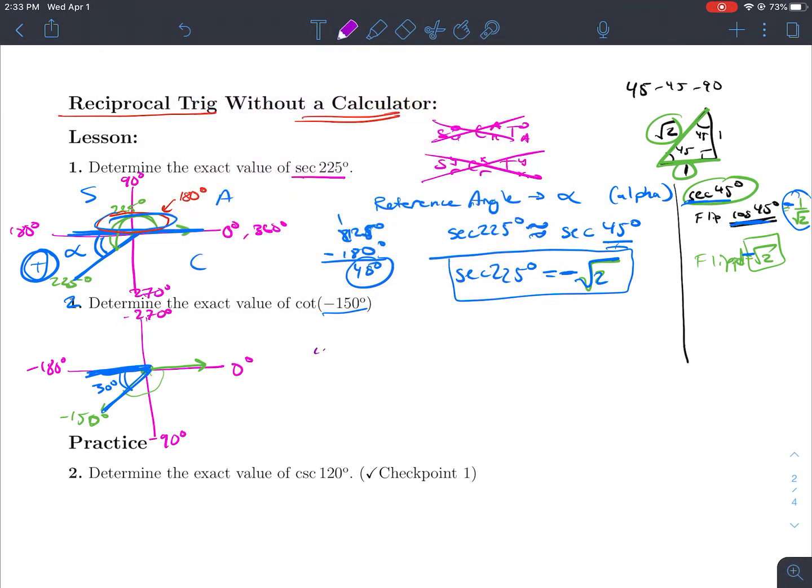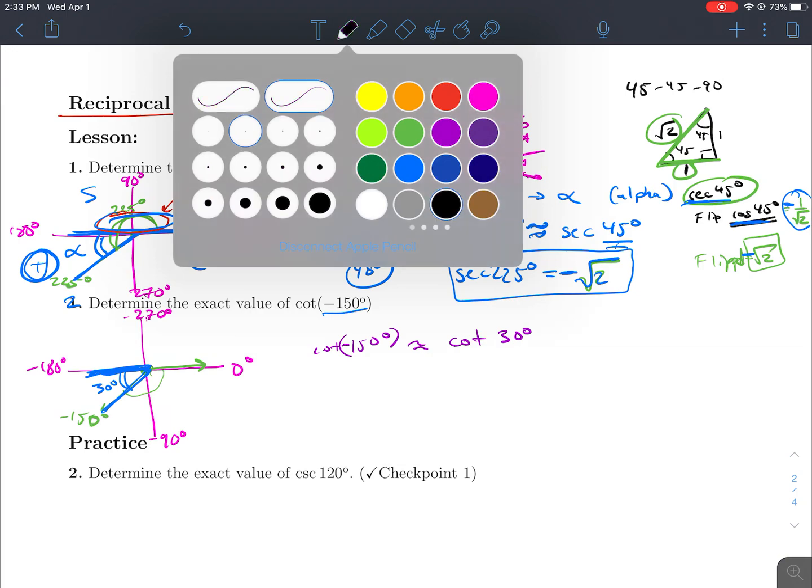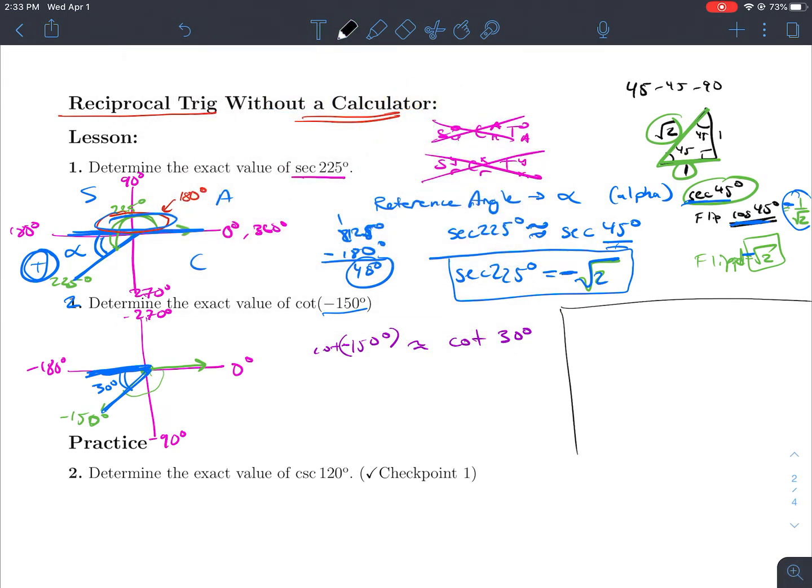All right, so here we go. Cotangent of 150 degrees is almost the same thing as cotangent of 30 degrees. This should be negative, sorry. Now, for cotangent, there's a couple things that this makes us think about. Cotangent 30, should think about our 30, 60, 90 triangle.